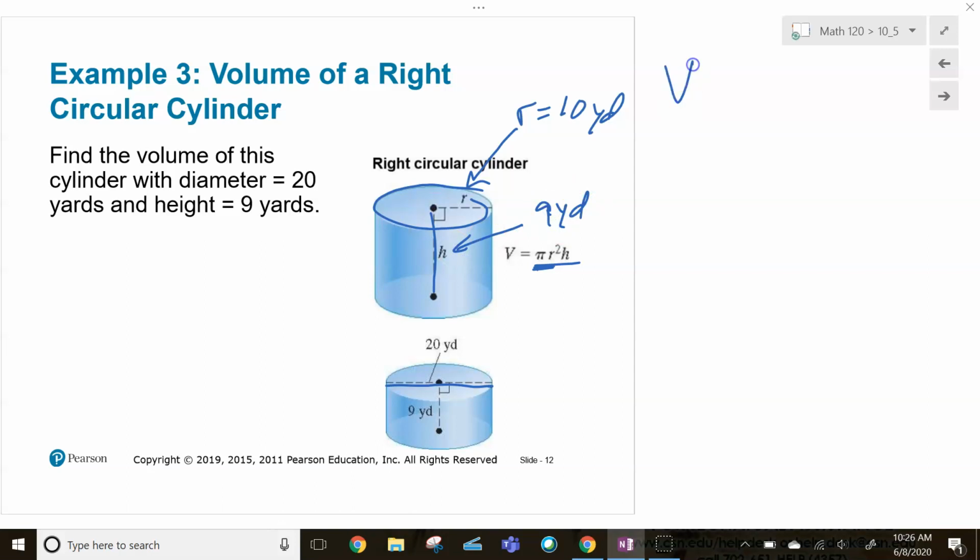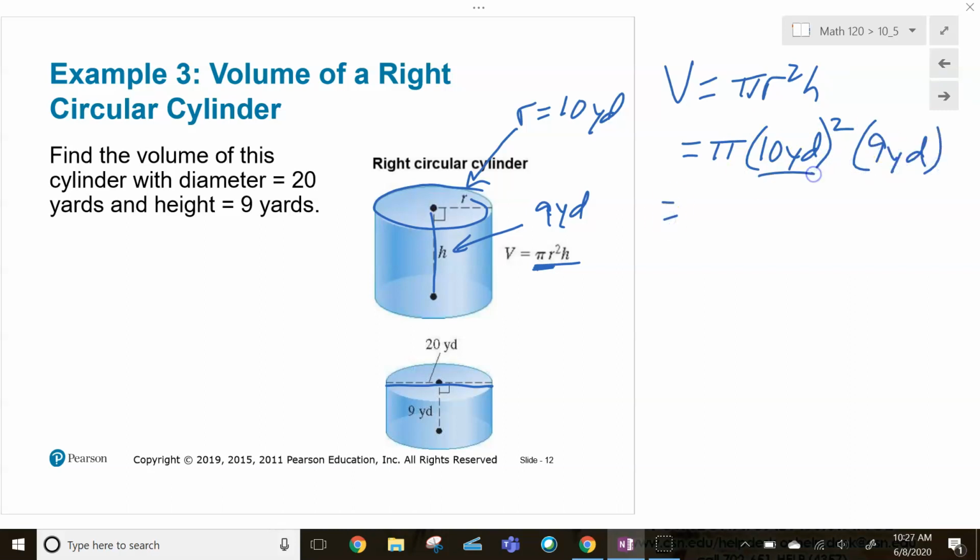So our volume is pi r squared h. We've got pi, our radius is 10 yards squared, so 10 yards times 10 yards. Our height is 9 yards. So we've got 10 times 10, 100, times 9, 900 pi cubic yards. Punch that in. And our volume is 2827.43338.